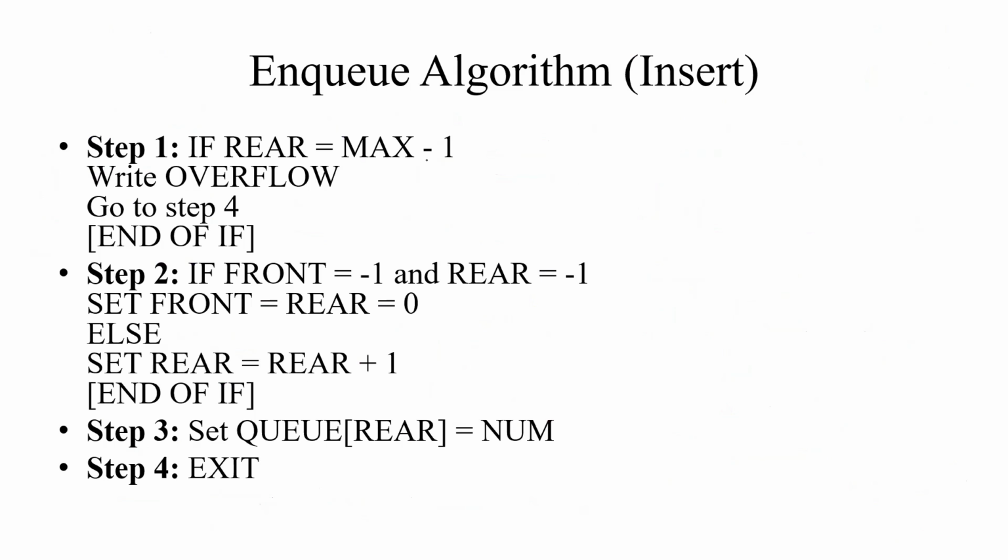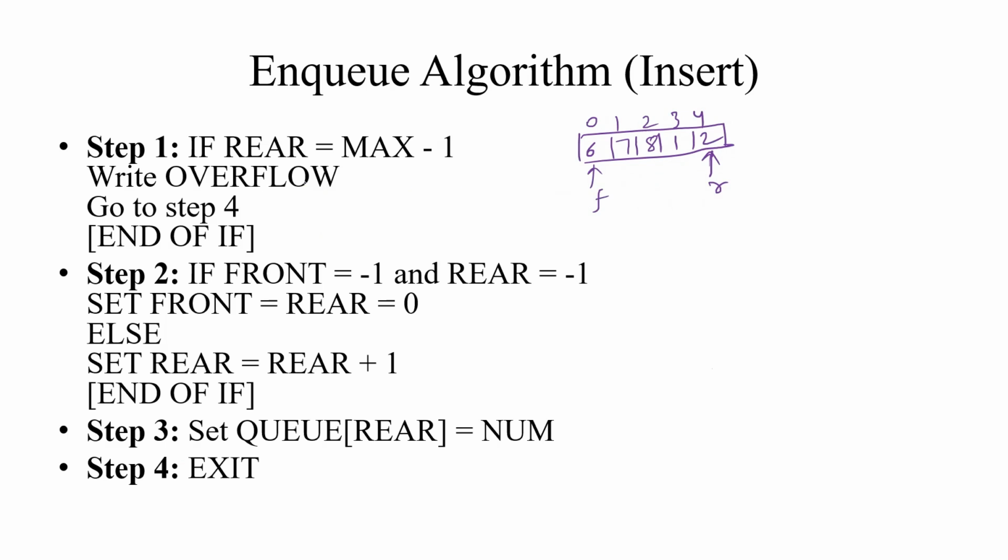So step number one is: if rear is equal to max minus 1. What is the meaning of this? Let's understand that. If rear is at max minus 1, it means we have the queue completely filled.